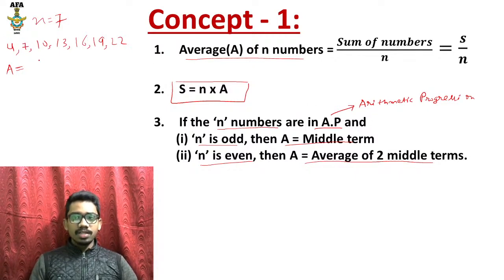Now you can find the average. There are three ways of finding the average. The first way is the basic way, sum of numbers by n.